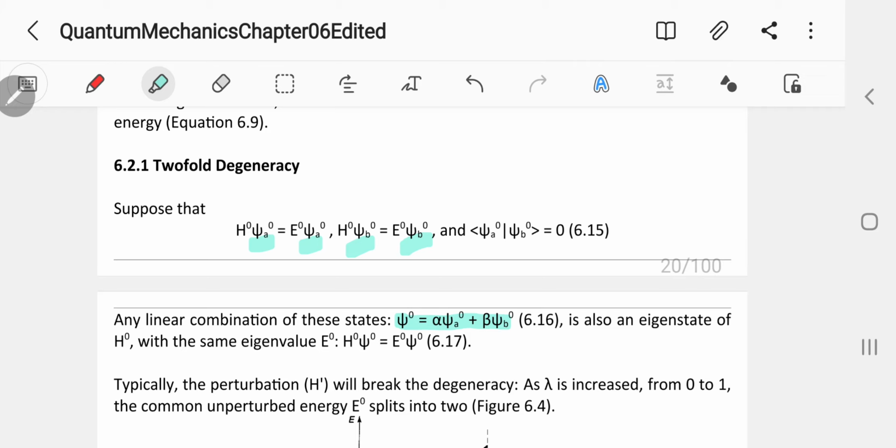So in order to include them all, we have to write a wave function that's a linear combination of the states with the same energy, and in this case we only have two, so we can write firstly this one.